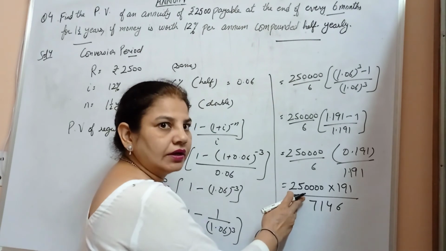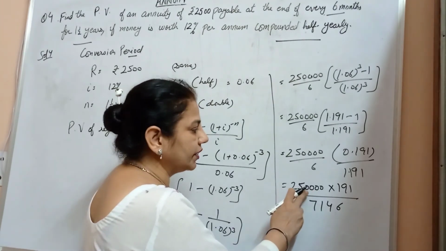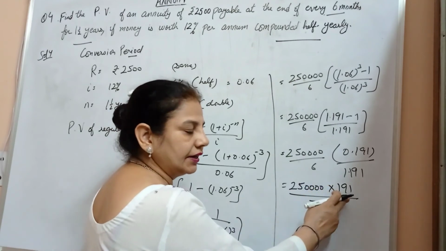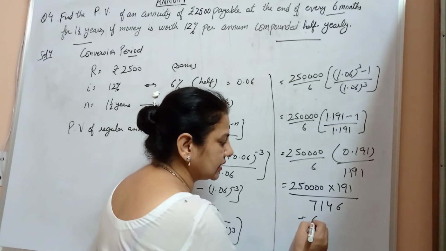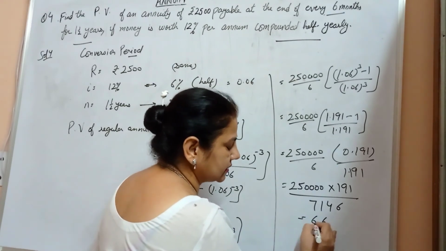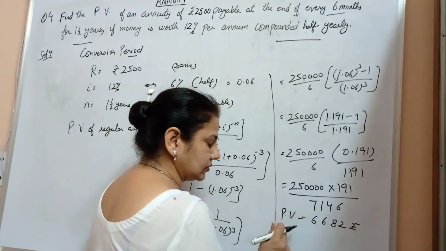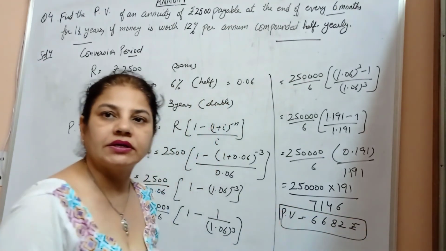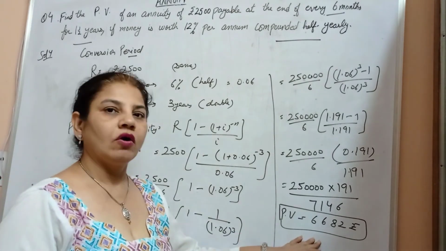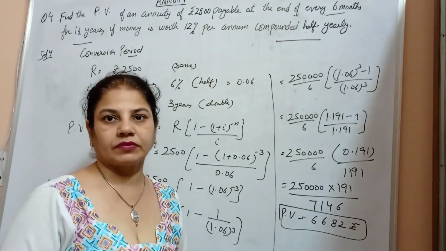So on solving, 250,000 into 191 divided by 7146 gives the result as 6,682 rupees. The present value of this particular problem is 6,682 rupees.